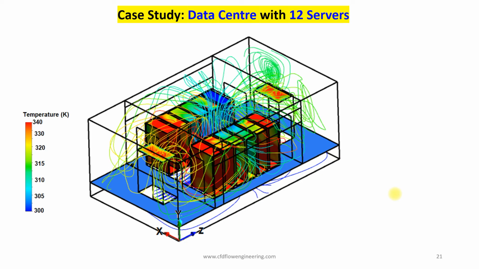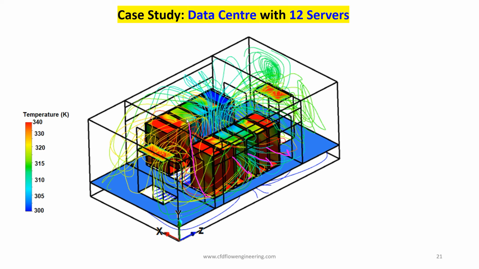This is one case study of a data center with 12 servers. Here 12 servers are heated and heat is removed by the cold air. You can see here cold air flows through the middle perforated plate. Then it flows through the server.